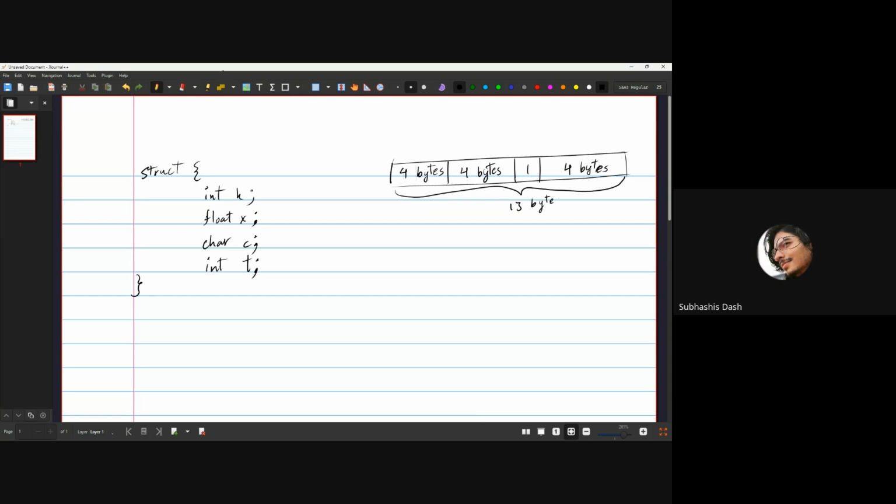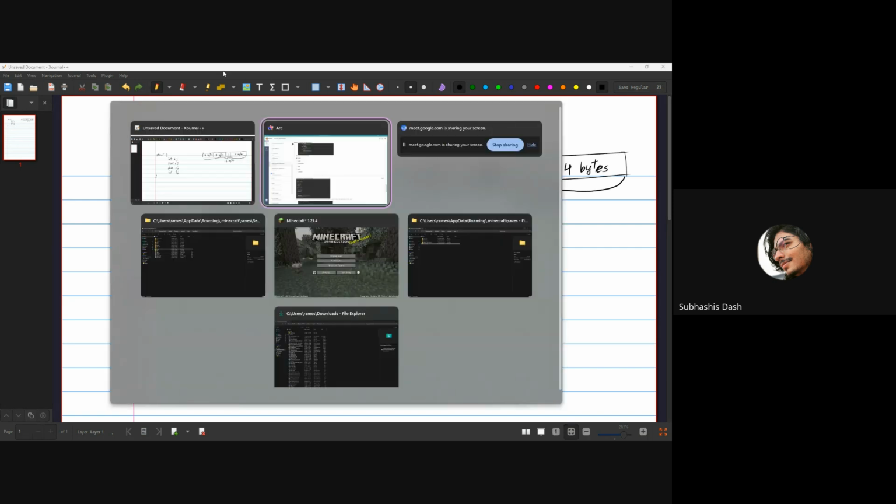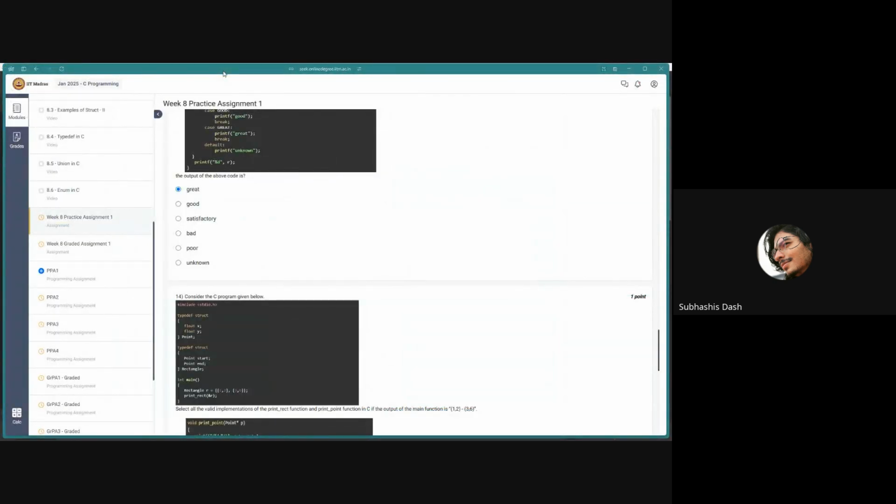Yes. But is it actually stored like this?